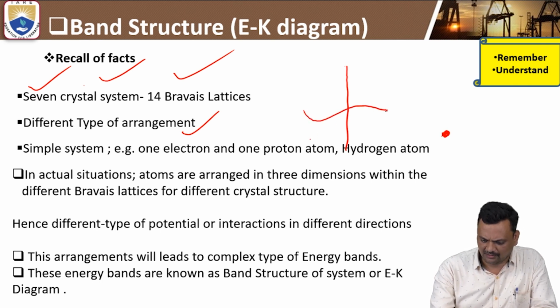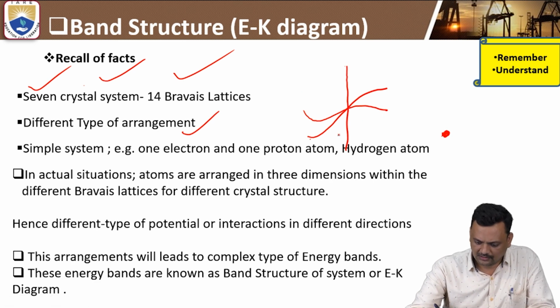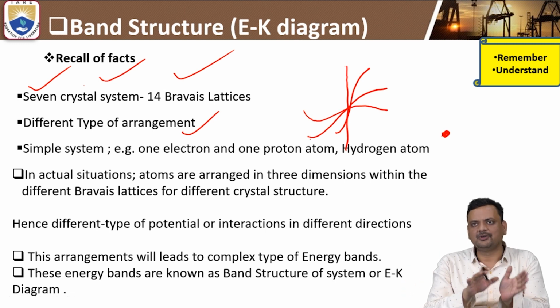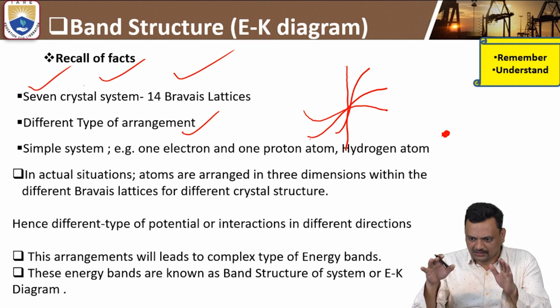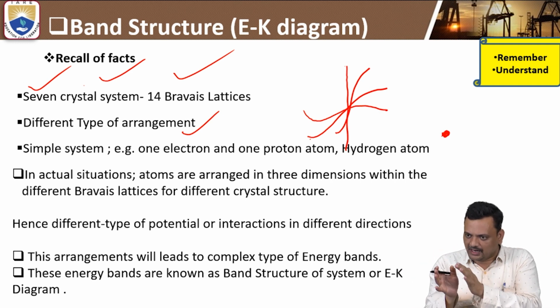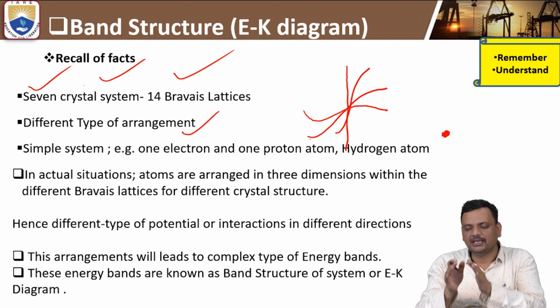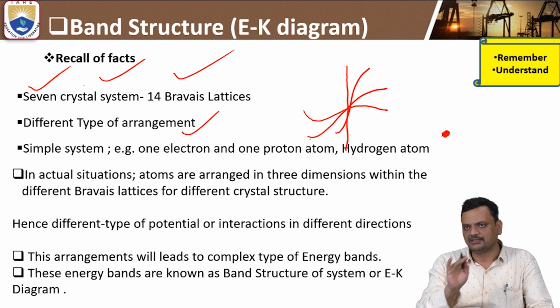So suppose I am plotting this for the x direction. This is the y direction. Suppose this is the z direction. So overall, if you want to analyze any energy level, at any particular point, what is the cross section value for each level? At that point, that is the energy value.